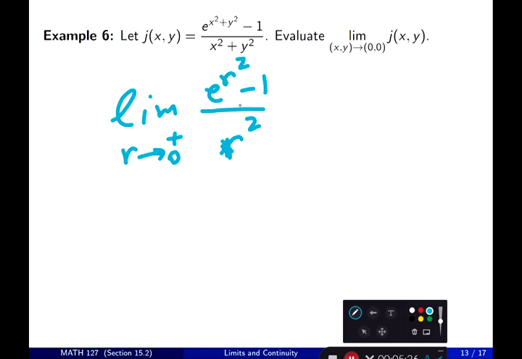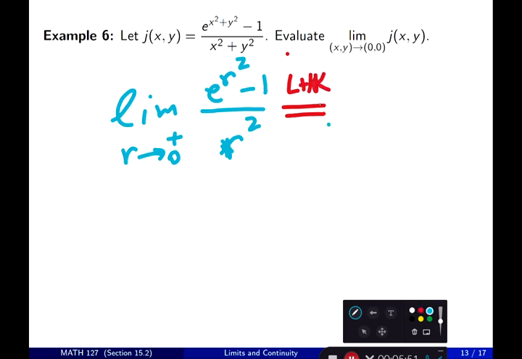Form 0 over 0. And if you remember, in calculus of one variable, when we were dealing with an exponential on top and a polynomial on the bottom, a lot of times we were recommended to do L'Hopital's rule. So let's do L'Hopital.